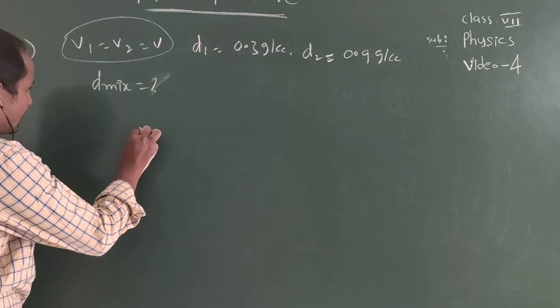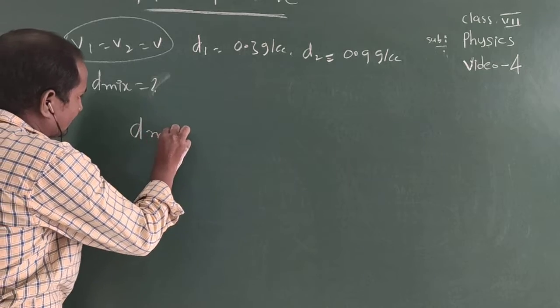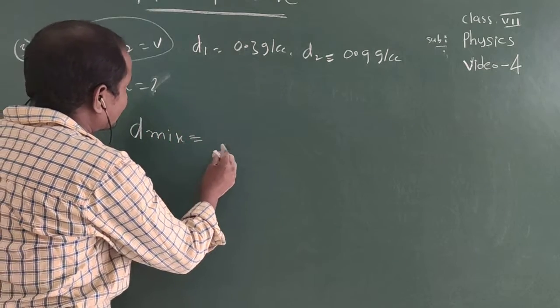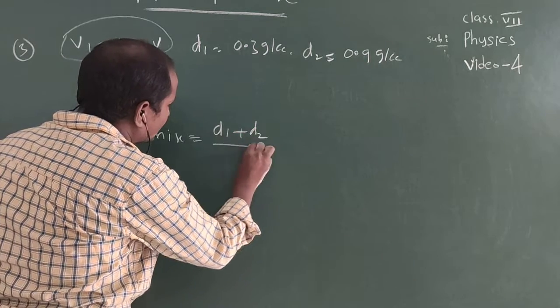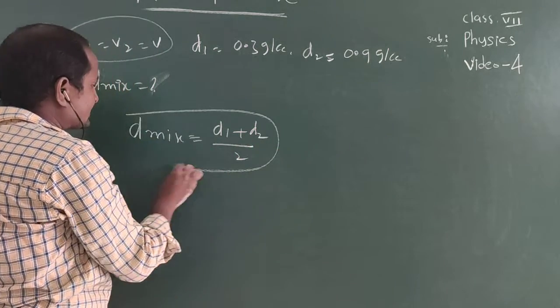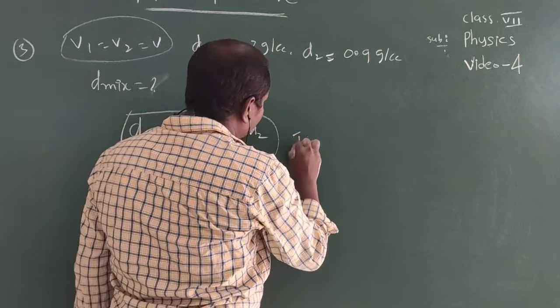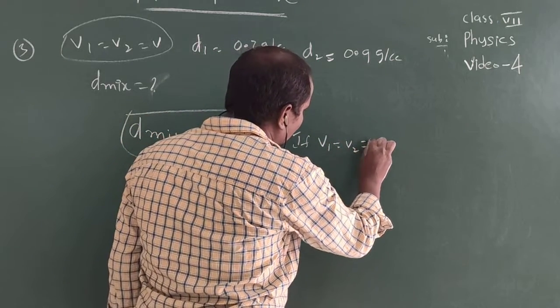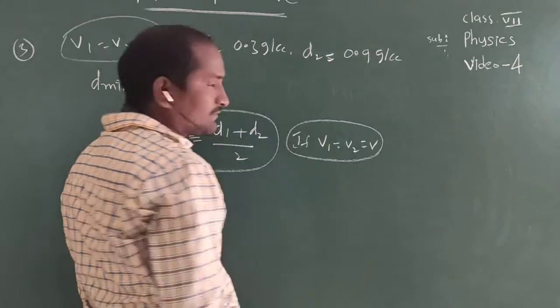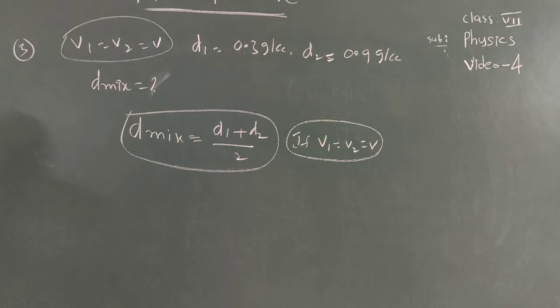If volumes are equal, we have a direct formula: D1 plus D2 by 2 is the density of the mixture.